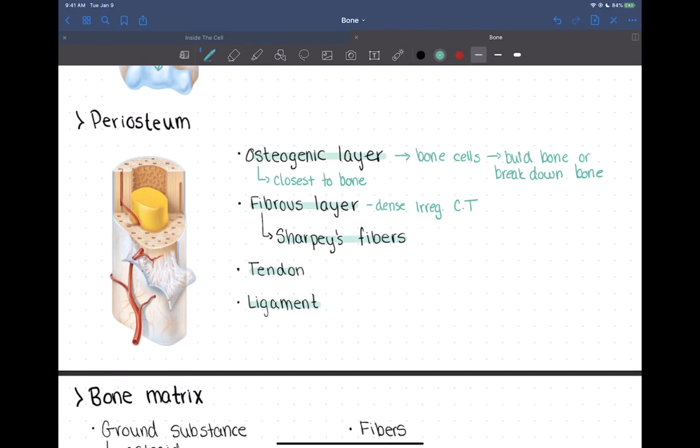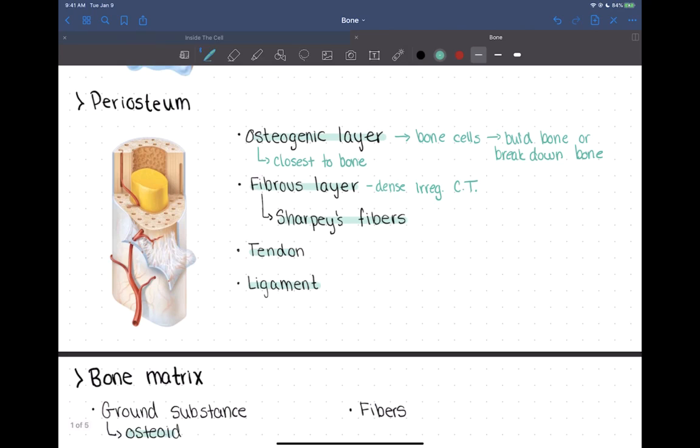So it has lots of collagen fibers, all going in different directions. A unique feature of this fibrous layer is that it has what's called Sharpey's fibers, or you may see them referred to in your book as perforating fibers.